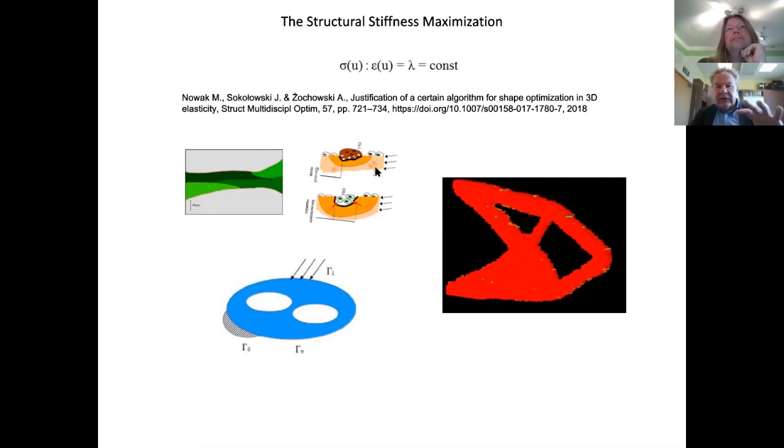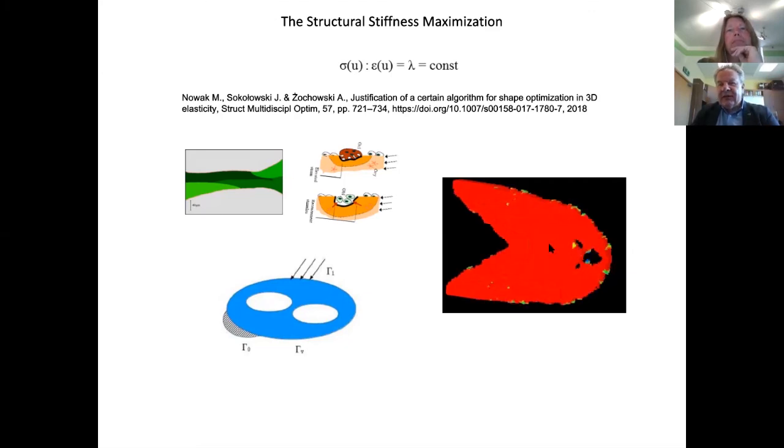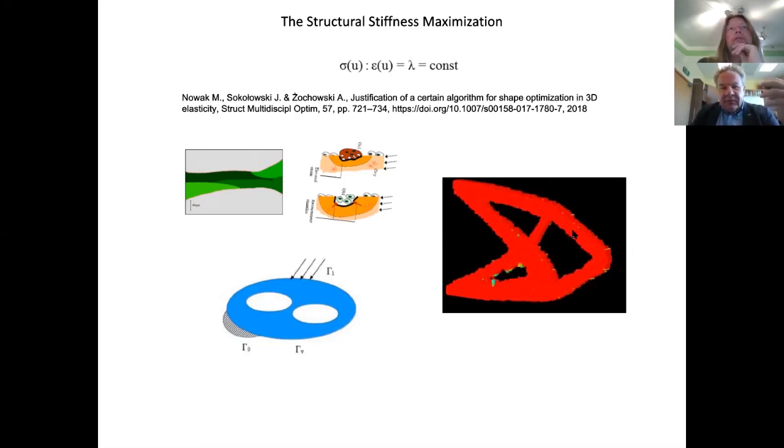So we can just neglect these problems here and look only at the final result, how the bone will look. If you were able to do it from steel or aluminum, the structure would be completely different. This complicated structure is the reaction to the value of strain energy density which is allowed for this material.